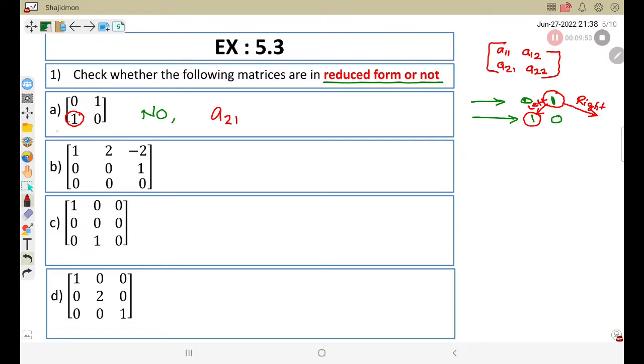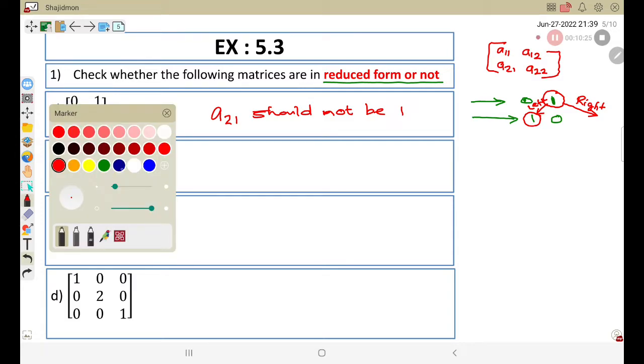A21, correct? A21 is not correct because A21 should be 0 there. So the simple reason we can write is A21 should not be 1.